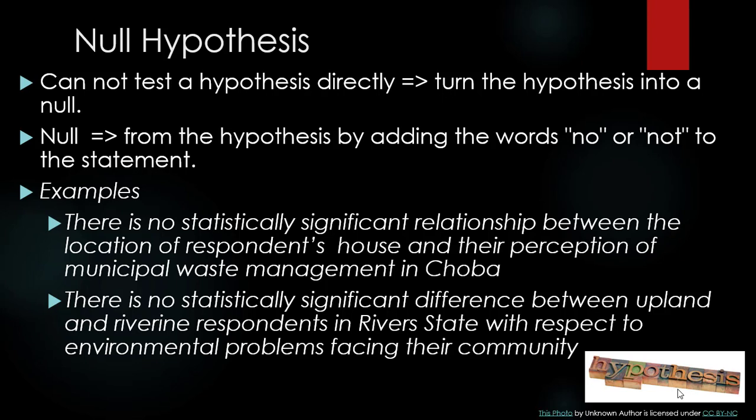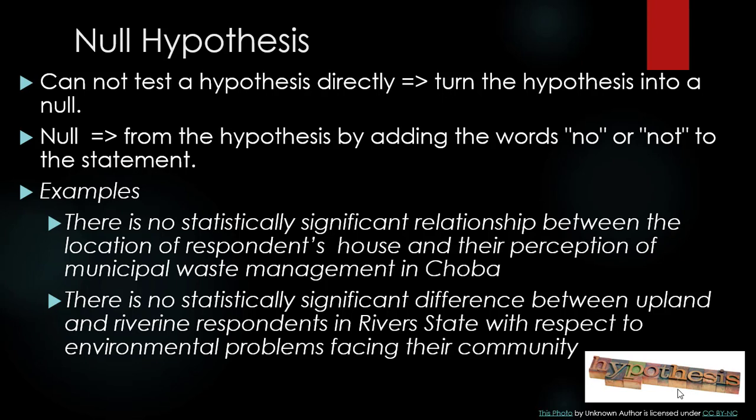You test the null hypothesis. You cannot test the alternative hypothesis. You don't test the hypothesis directly. You convert it to null hypothesis before you can test it. Remember, the null hypothesis says there is no, while the alternative hypothesis states that there is.